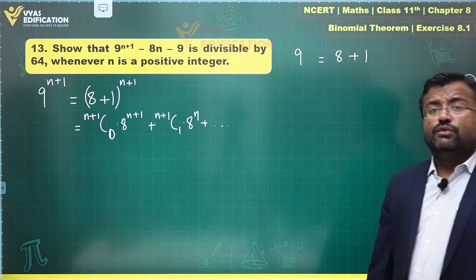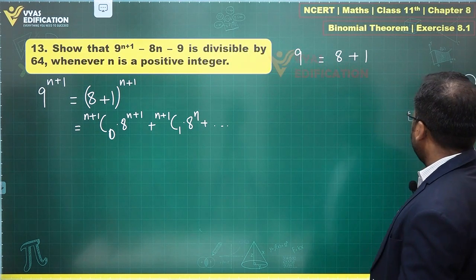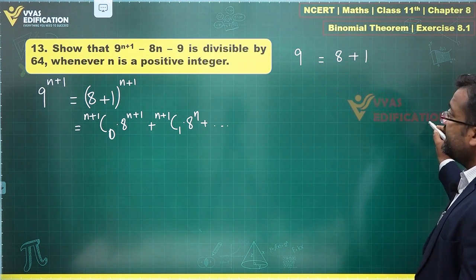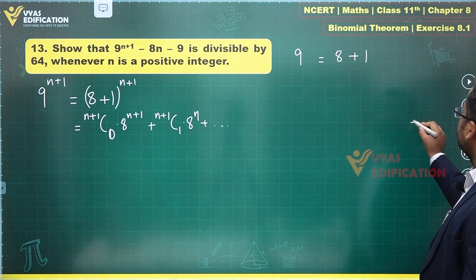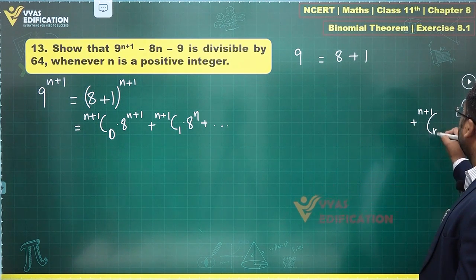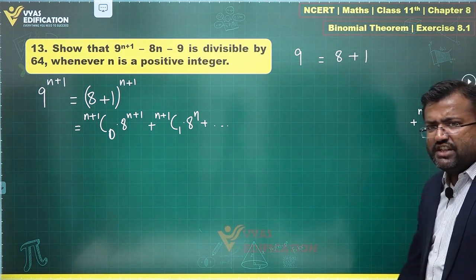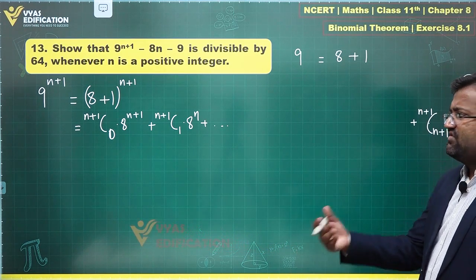And similarly, you'll have plenty of terms. What about the last few terms? The last term for that matter would be, let's write the last term over here, that will be n plus 1 C n plus 1 times 8 power 0, 1 power n plus 1, which is 1 only.